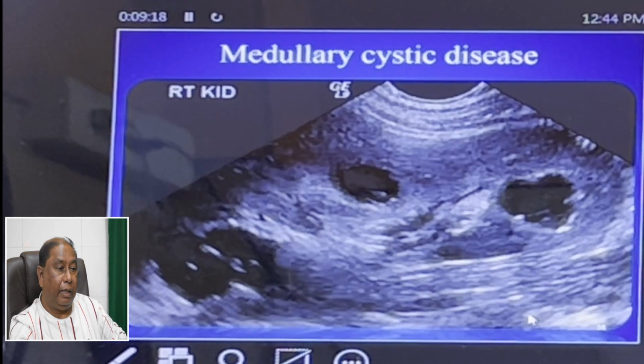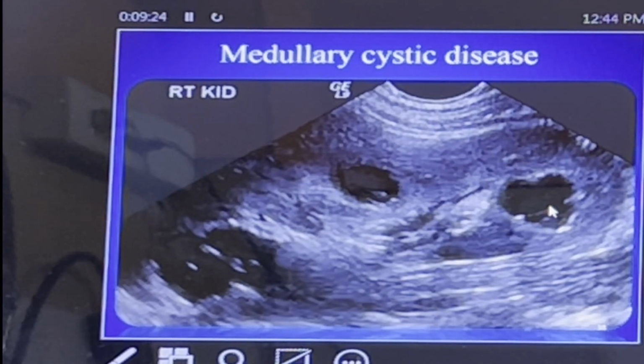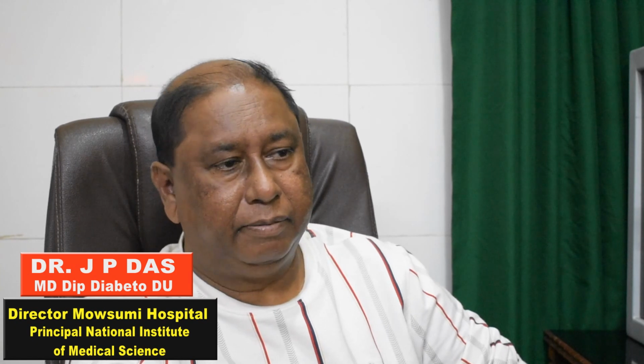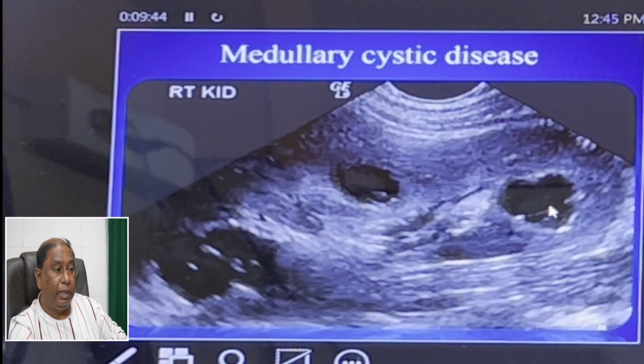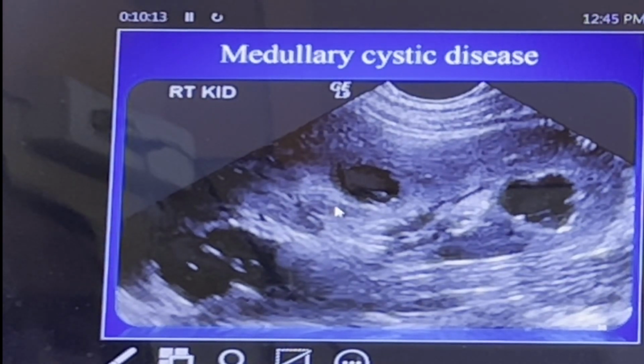The reason is multiple small microscopic cysts present within the medulla.